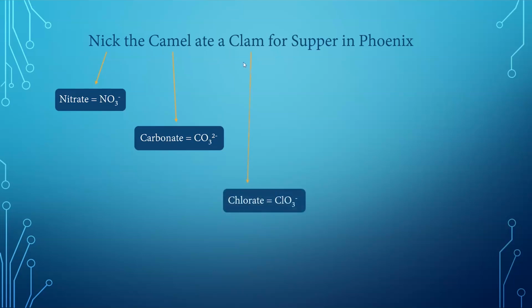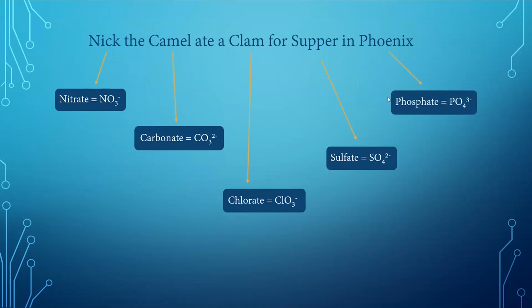Clam for chlorate, we have 1, 2, 3 consonants, thus 3 oxygens. 1 vowel, -1 charge. Supper for sulfate, there are 1, 2, 3, 4 consonants, thus 4 oxygens, and there are 2 vowels, giving it a -2 charge. And finally, Phoenix gives us phosphate.